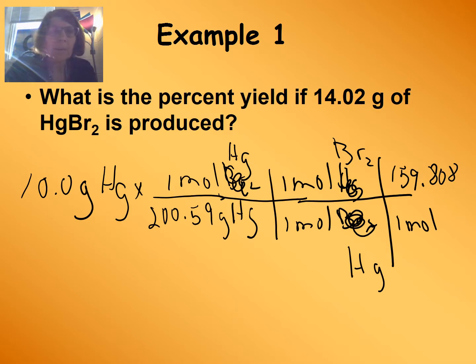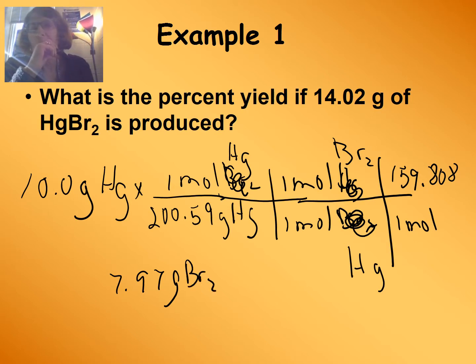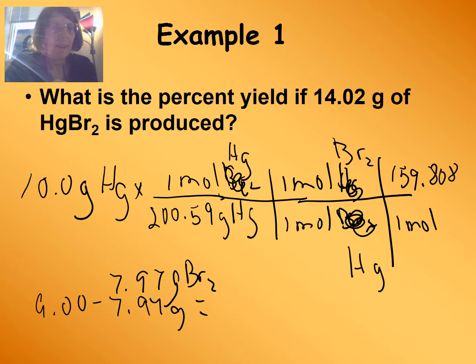So we end up with 7.97 grams of Br2. So that's what was used up. So to get excess, we're going to do 9 minus 7.97 grams. So 1.03 grams of Br2 excess.